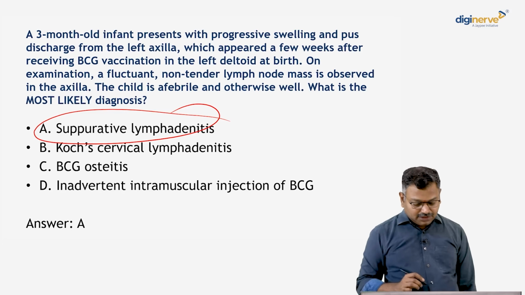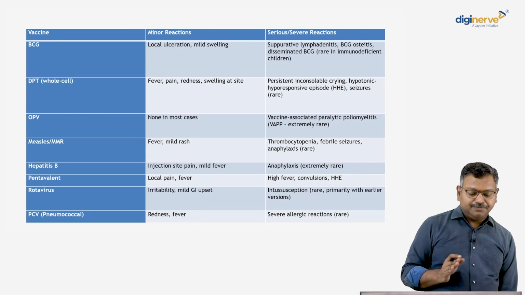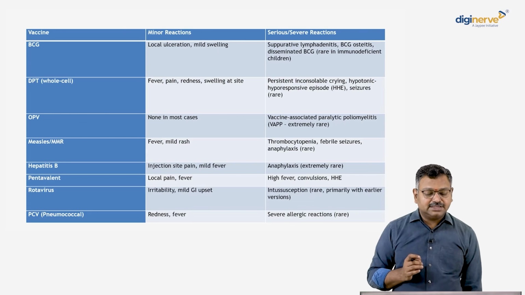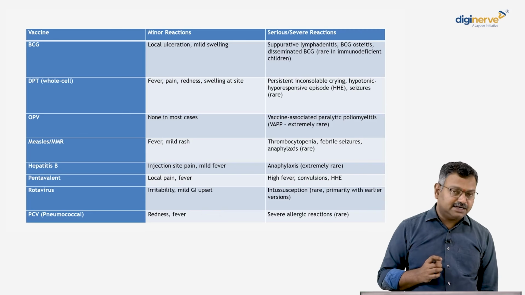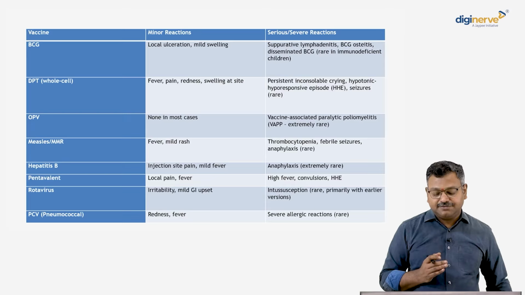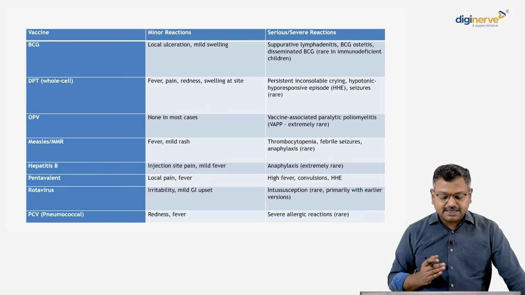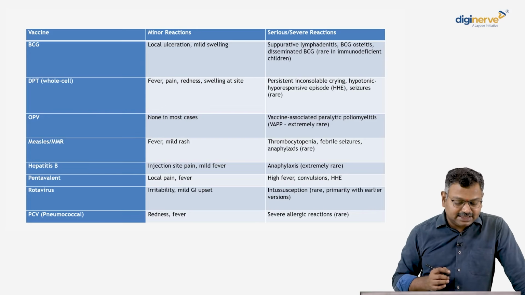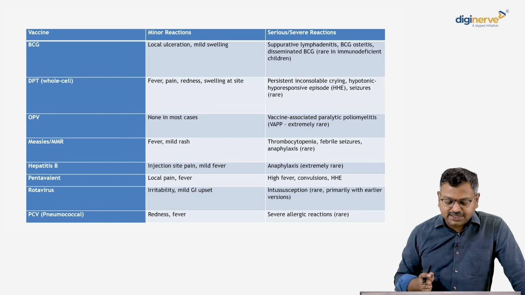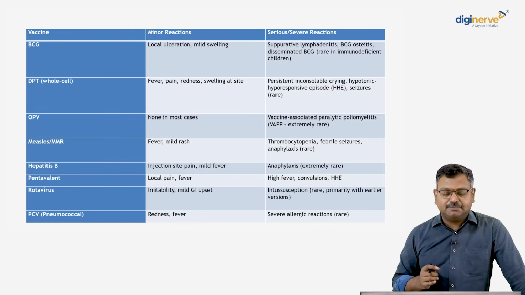So, if you look at the common side effects, BCG will have local ulceration. Later, it can produce BCG lymphadenitis, osteitis, sometimes disseminated disease. DPT usually has fever, local redness. Sometimes they can have hypotonic hyporesponsive episodes, rarely seizures. Oral polio vaccine, no side effects, rarely paralytic polio.